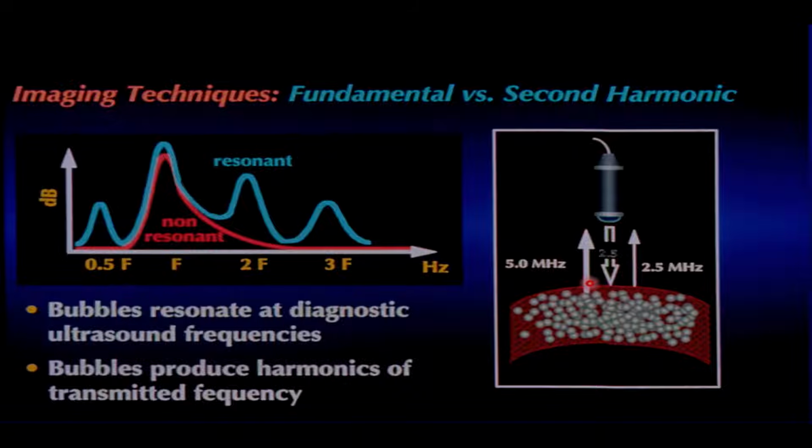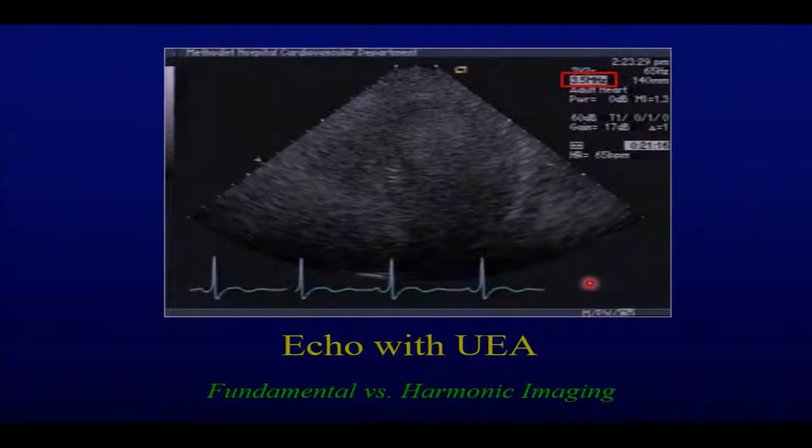Okay, so let's take an example here. This is fundamental versus harmonic. I have contrast in this beat, or these sequences of beats, and I'm going to flip from fundamental to harmonic. You see here 3.5 megahertz, and occasionally you're going to have an H, which is harmonic, meaning I'm listening at a multiple of that frequency.